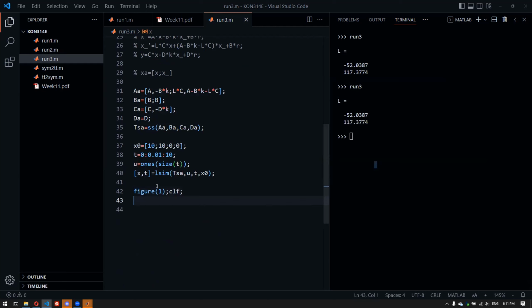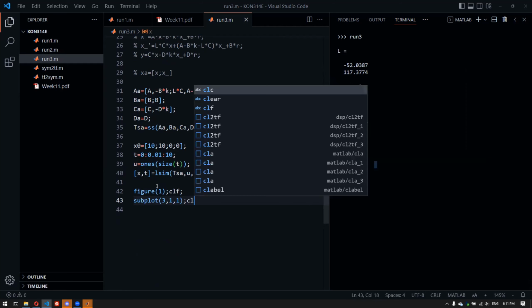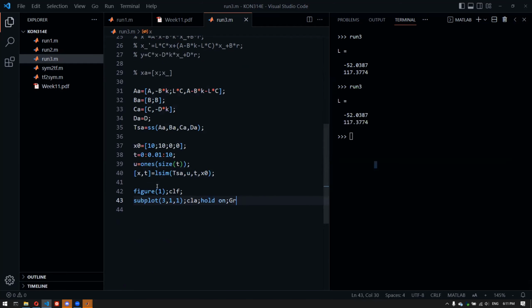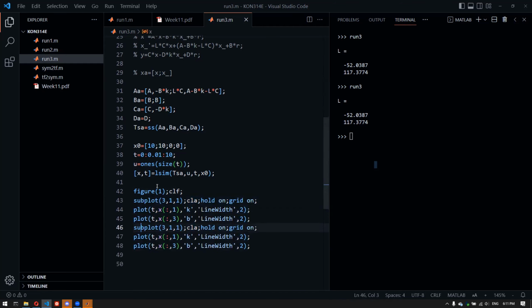So let me create a figure. CLF. Now, subplot, maybe 3 rows, 1 column. First one, hold on, grid on. And then plot, basically, t comma x, the first one is going to be the actual system state. Let's have line width 2. And then also the third one, which is going to be blue, which is going to be the observer state. And let's repeat this for state 2. This is the second state of the observer.